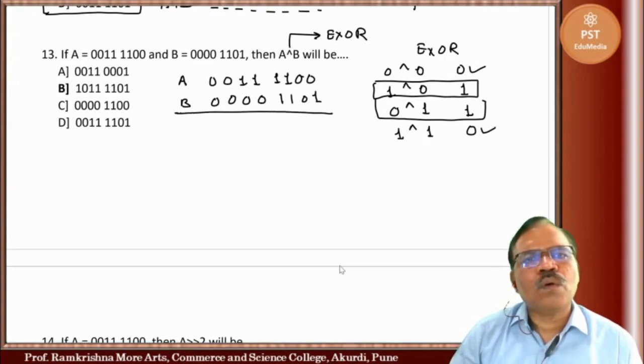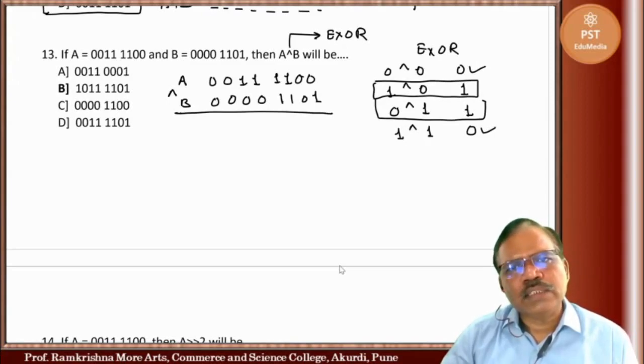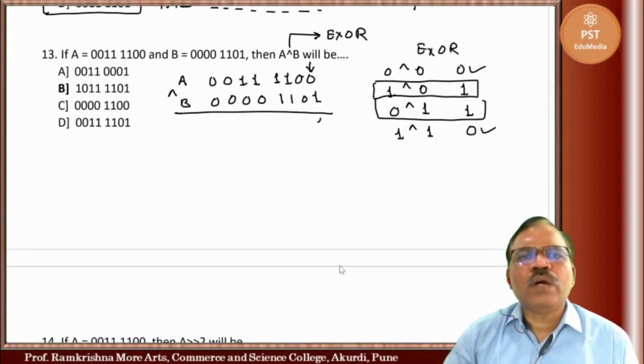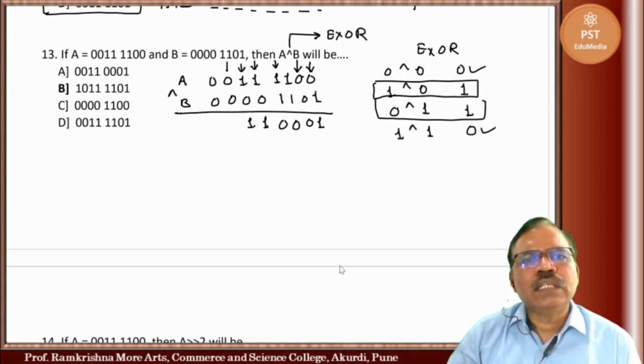Now XOR. Here 0, 1 is 1. 0, 0 is 0. 1, 1 is 0. 1, 1 is also 0. 1, 0 is 1. 1, 0 is 1. 0, 0 is 0. 0, 0 is 0.